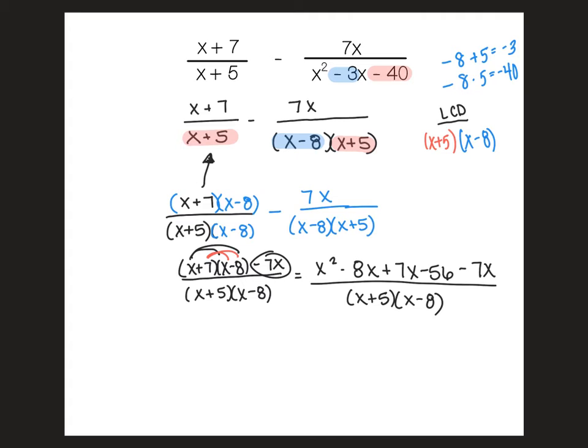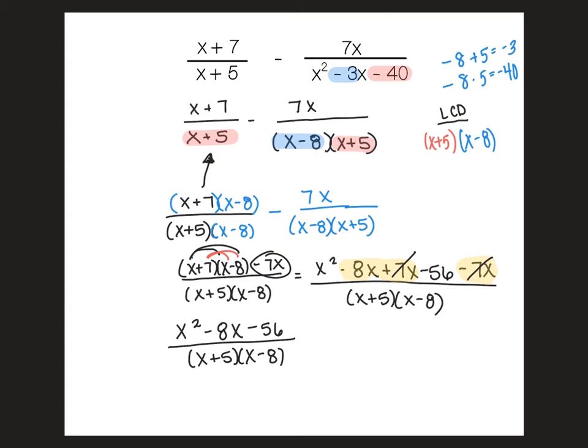So the like terms I have are negative 8x plus 7x minus 7x. Really, that's just going to cancel out these 7x's, so I have x squared minus 8x minus 56 over x plus 5 times x minus 8.